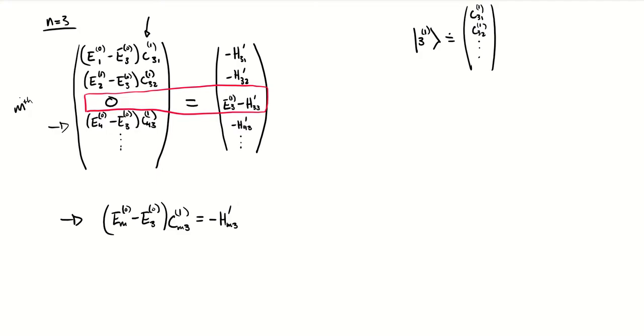So this gives us the equations that we're going to solve for these C_m3s, right? And if we solve for that C_m3, we end up with that coefficient in our expansion being H_m3 over E_m^0 minus E_3^0.